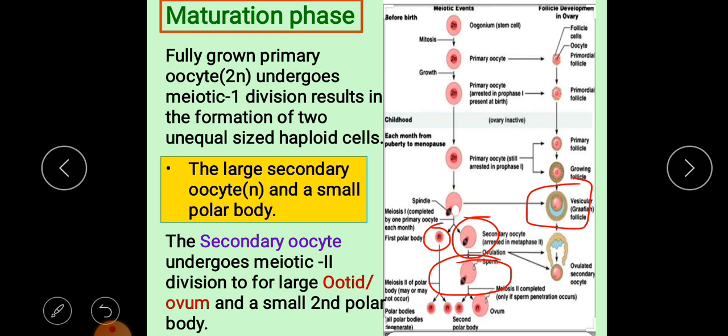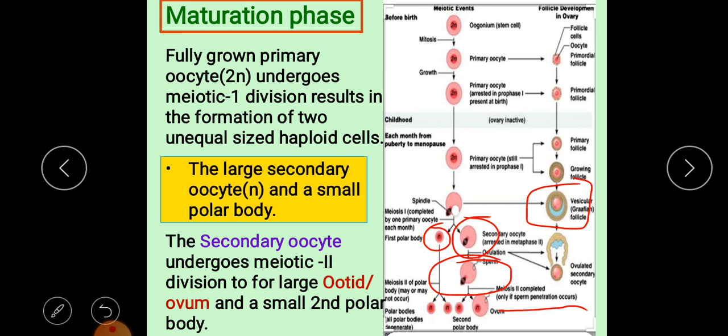When the sperm enters the ovum, the fusion of the male and female gamete takes place, and only at that time does it complete its meiosis 2 division at metaphase 2, and only if the sperm penetrates and fertilization takes place.